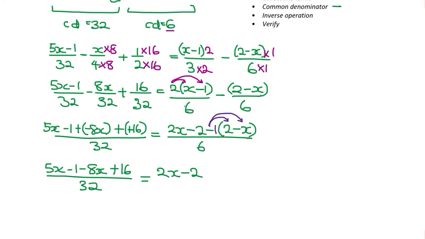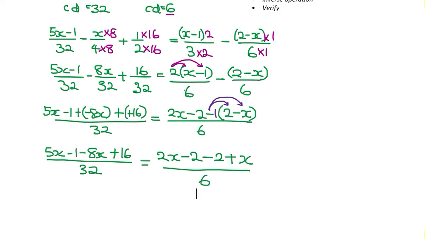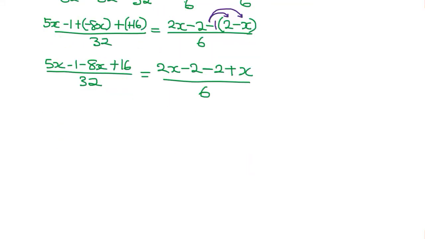So as a result of that, negative 1 times positive 2 gives us negative 2. Negative 1 times negative x gives us positive x, and this here is over 6. So once we have that taken care of, we see that the left side has like terms, which are x's, and we have constants on the left side as well.